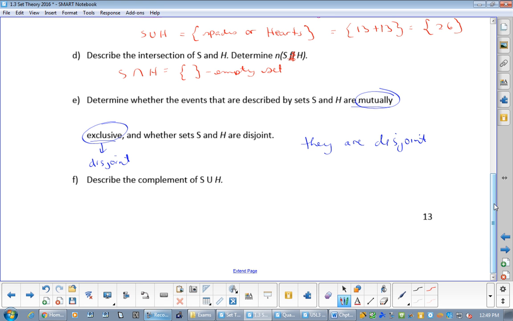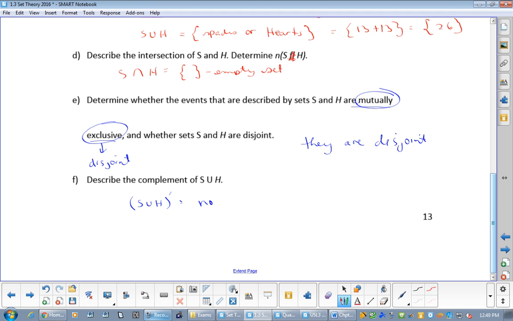Now this is a pretty simple, fast multiple choice question. So what is not, this isn't as easy as it sounds. What is not S union H? So what I'm asking for, let's translate.